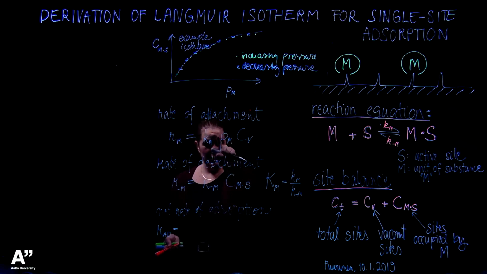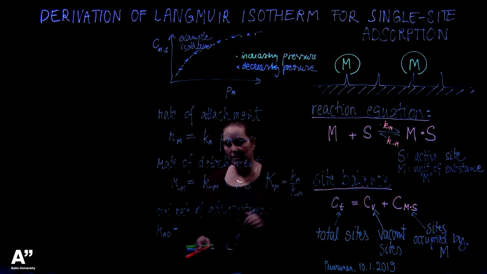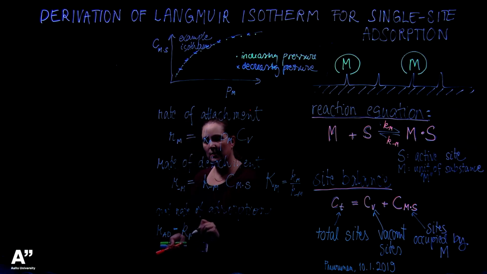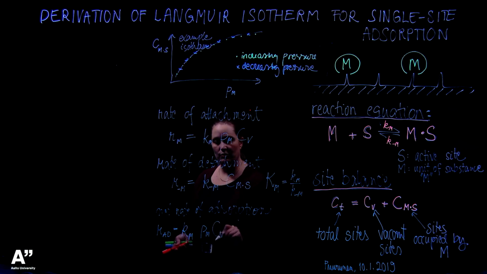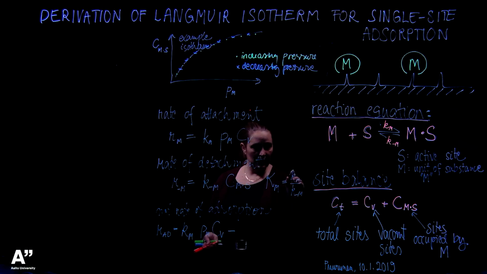So I will consider that minus that, and I will replace that one with small k divided by large K. So it will be Km, the proportionality constant, times the partial pressure, times the concentration of vacant sites. And then we have a minus sign, right? And then we wouldn't have the K minus M, but we will replace that by small k divided by large K. I will put that large K here.